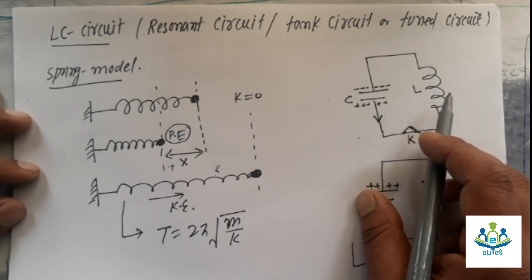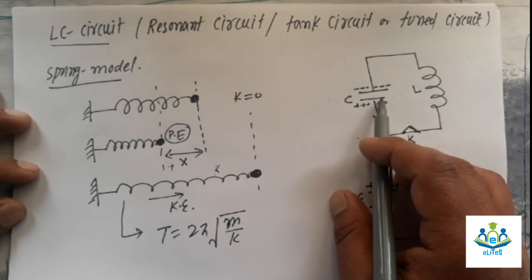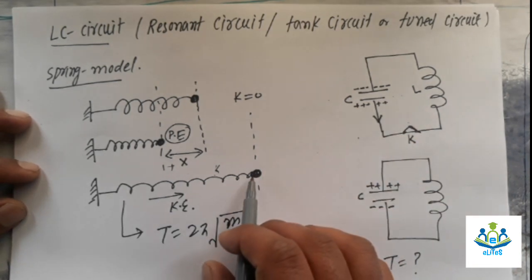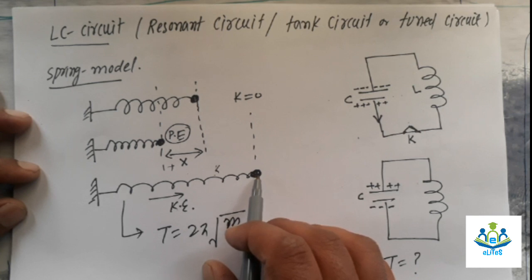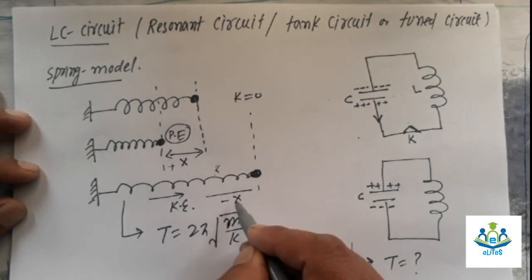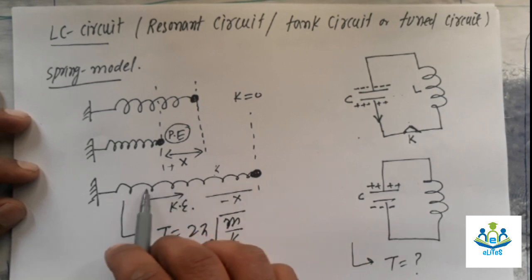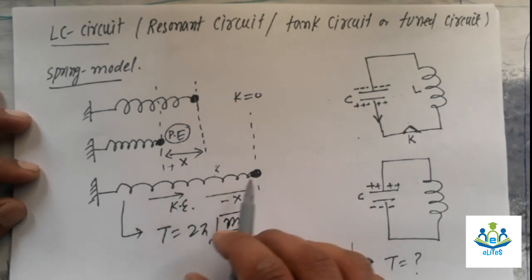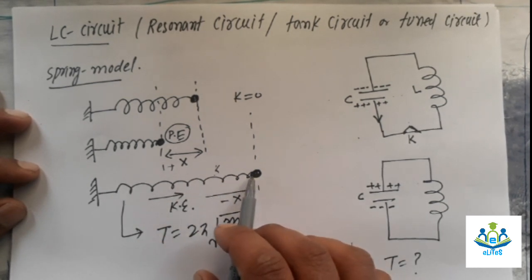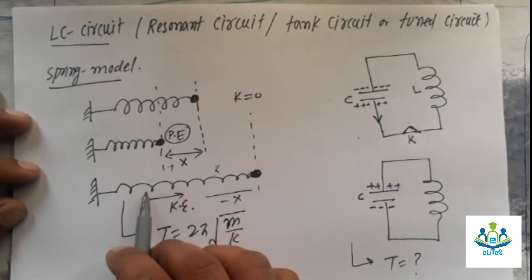And now this inductor charges the capacitor but in the opposite direction. When the spring is at the extreme position, say minus X, again the potential energy is developed in it but in the opposite direction. If you release, it will start oscillating.